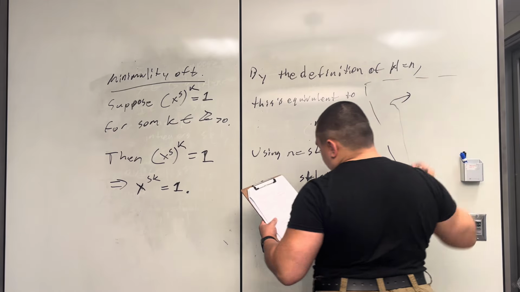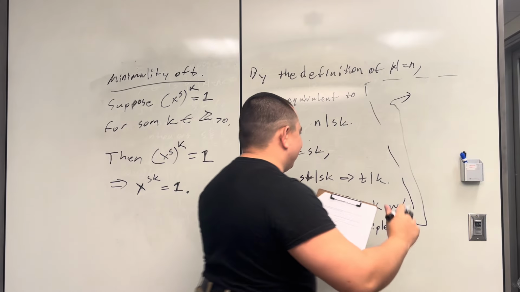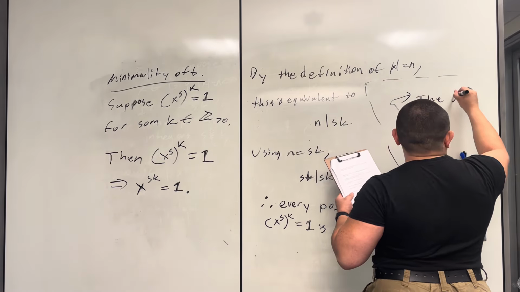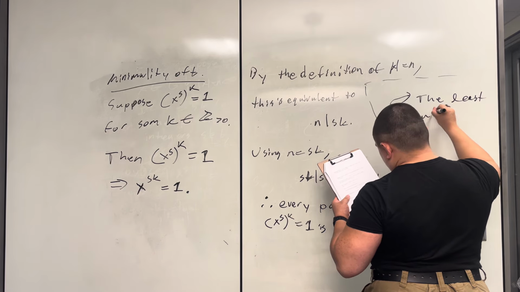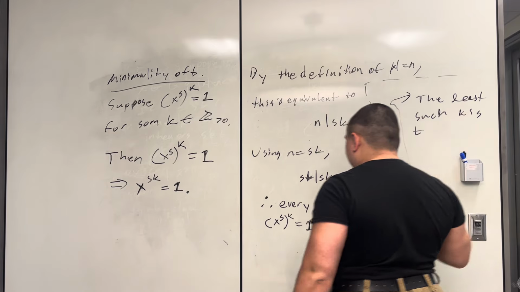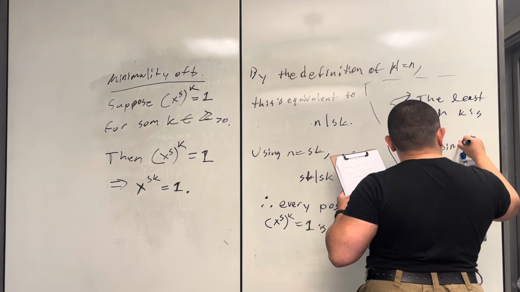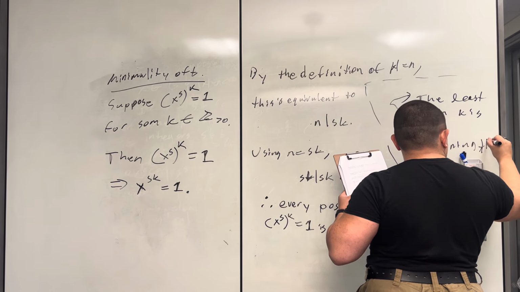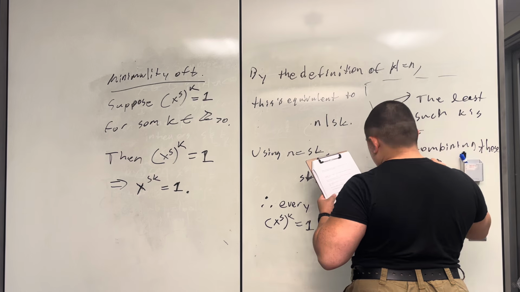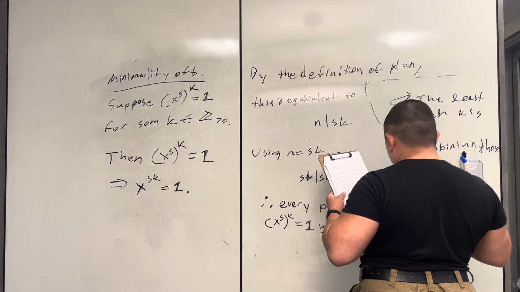Well, if every positive k is a multiple of t, the least such k is t. We can combine these steps to show that the order of x to the s is equal to t.